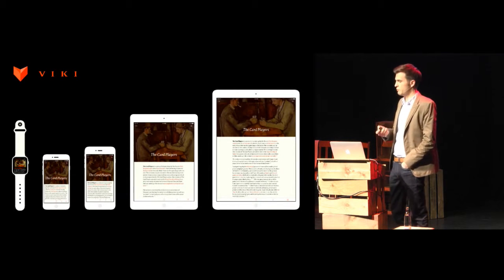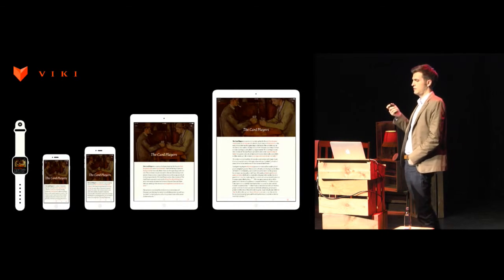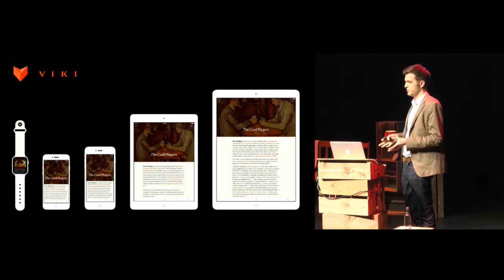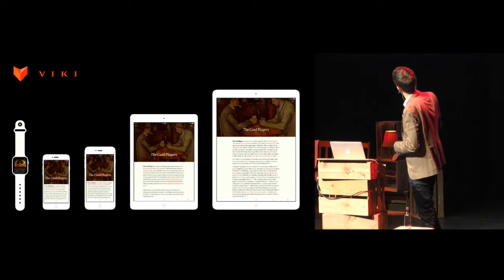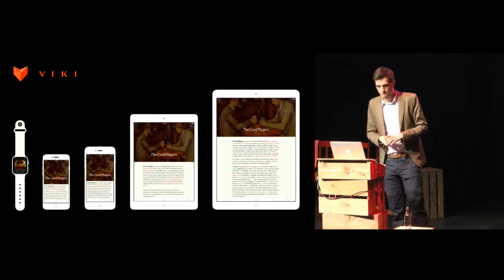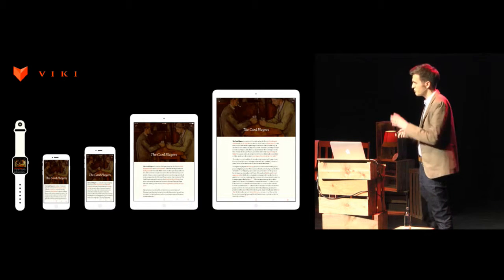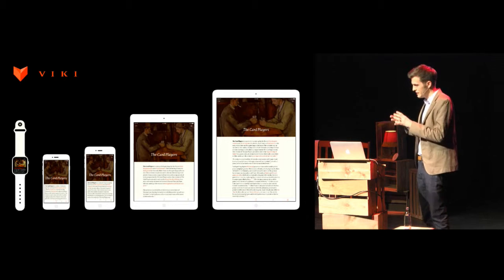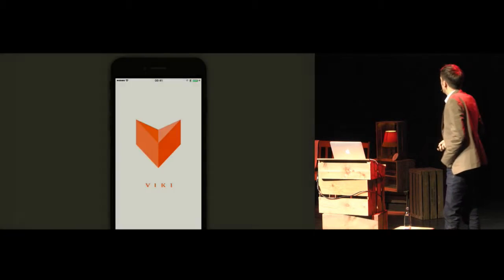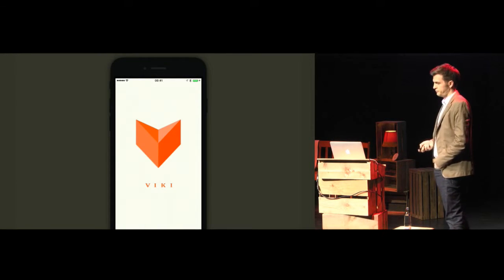My goal was to create a Wikipedia reader app that has the best possible reading experience on all these devices. Yes, also on this one. A showcase of good typography with no excuses for bad typography. Not really there yet, but 98%, I think. This is what it looks like.